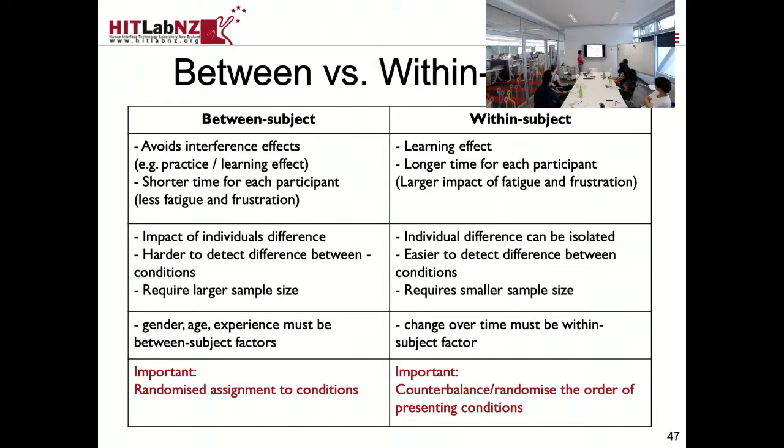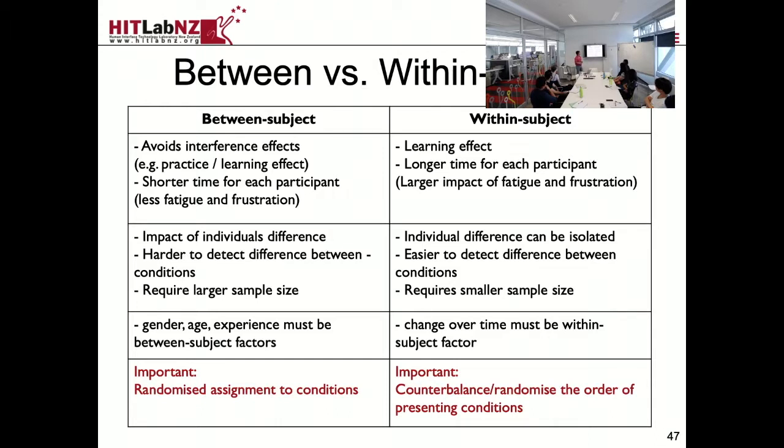And the impact of individual difference is clear, so we can see the exact difference between them, which is also an advantage. But it requires a large number of participants, which is a big problem.